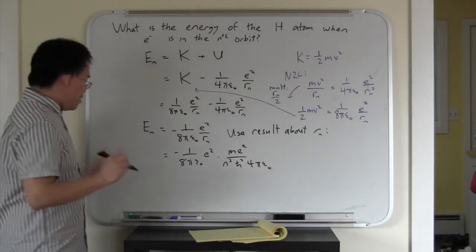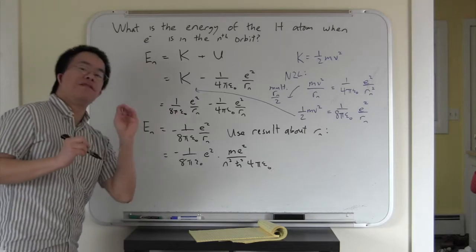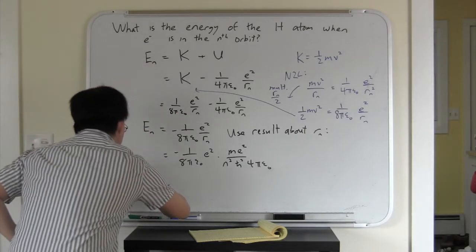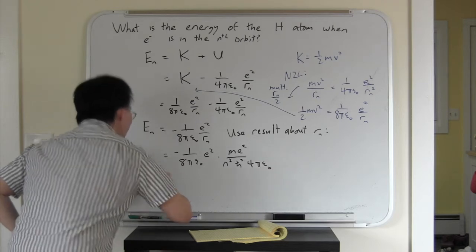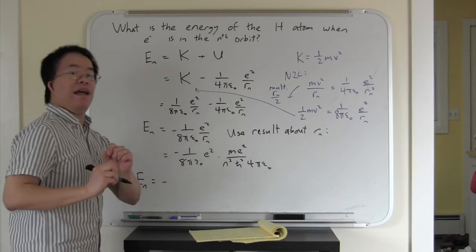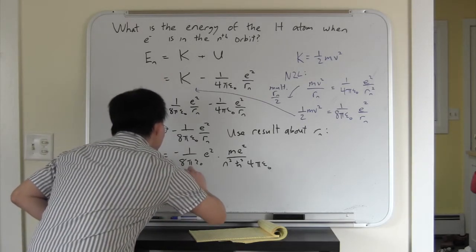And so we've now got E sub n in terms of only fundamental constants. Let's clean this whole thing up. So we have E sub n equals minus m e to the fourth upstairs.